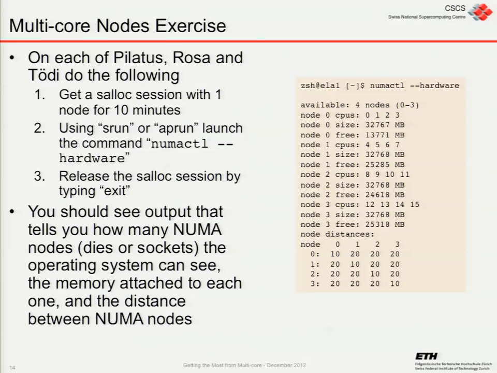What you see on Pilatus as well is it goes 0, 1, 2, 3, 4, 5, 6, 7, and then it starts again at 16. The second set of those 8 cores are not real cores. Remember I mentioned the hyper-threading? Well, those are reflections of cores 0 to 7 again, but with an extra little slot for the thread.